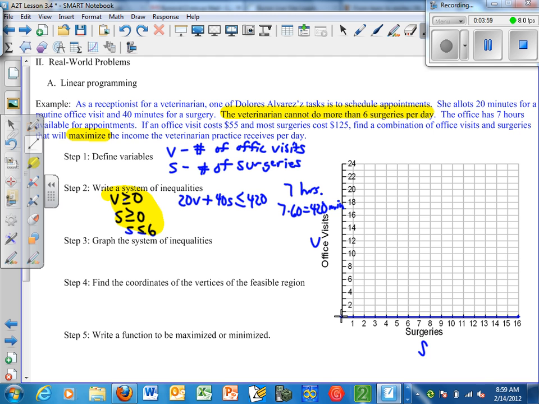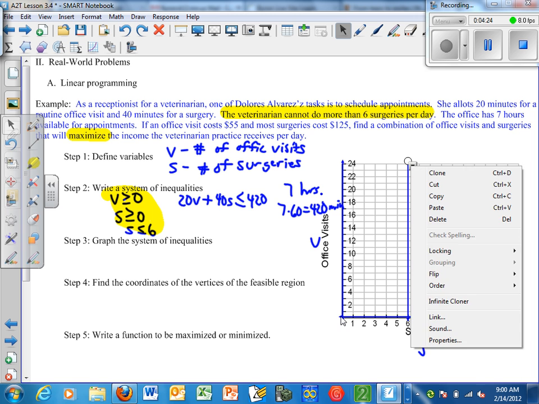S is greater than or equal to 0, so S is on the horizontal axis, so that would be this line right here. So basically that's the two axes. And then we also know that the number of surgeries has to be less than or equal to 6. So that means a vertical line here at 6. Let me erase that out of there.